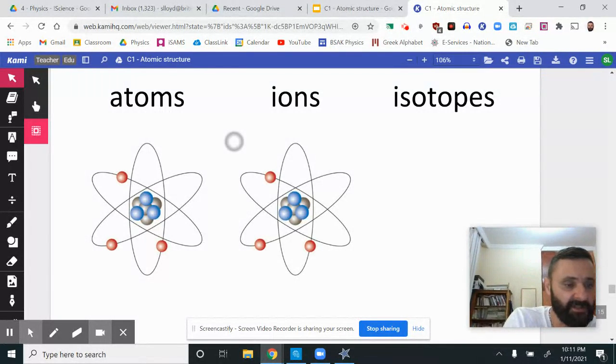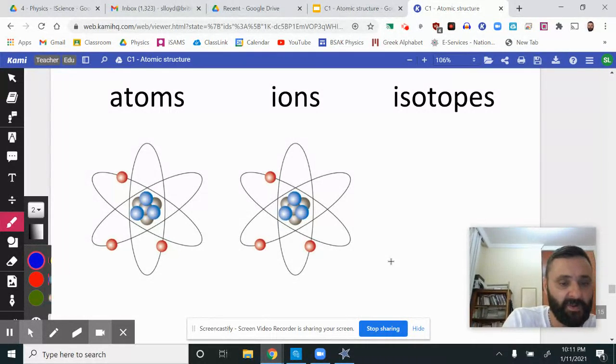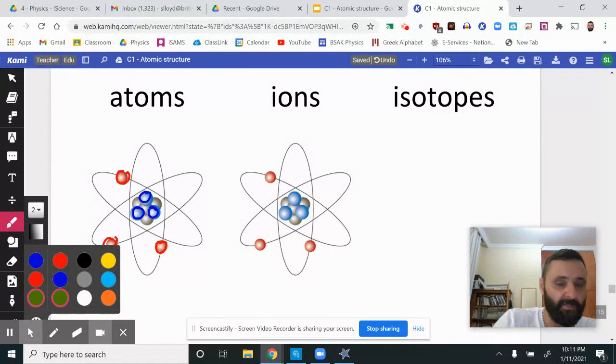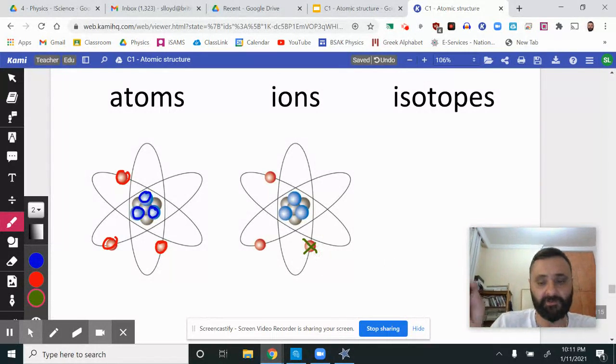As we can see here, this was the lithium, if you remember. It's got 3 protons, 3 electrons, so the overall charge is 0. Now, if a lithium atom becomes a lithium ion, one of the electrons disappears. Nothing happens to the nucleus in ions, so it's the same number of protons.